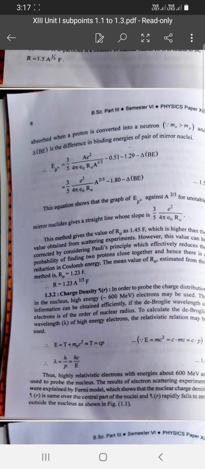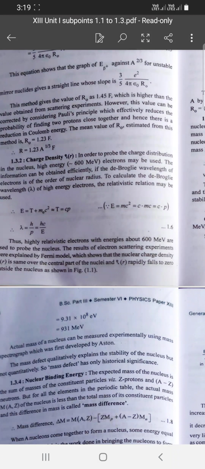Hence, for a high energy electron, E is equal to T plus m0 c squared, equal to T equal to cp, and lambda equal to h upon p equal to hc upon E. These are highly relativistic electrons with energies about 600 million electron volt.